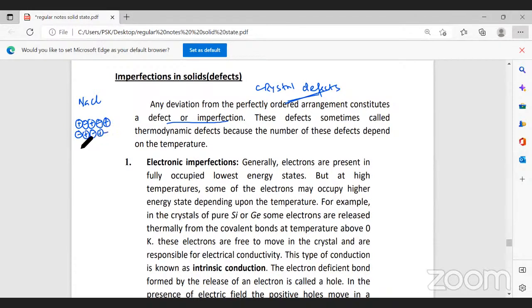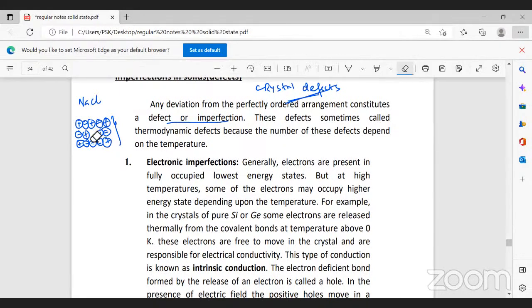It is oppositely charged and arranged in order. So we can say this is a perfect crystal because there is no disorder: one sodium, one chlorine, one sodium, one chlorine, arranged in order. Assume that one of the chloride ions is missing here.